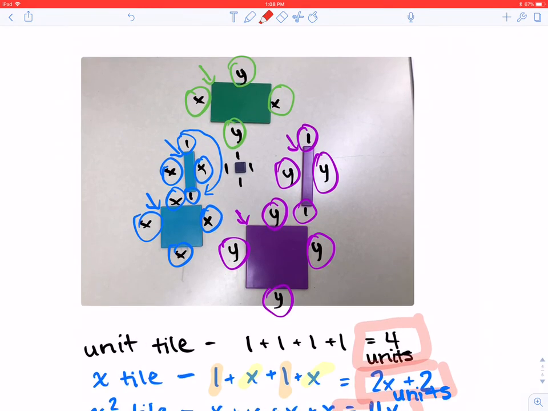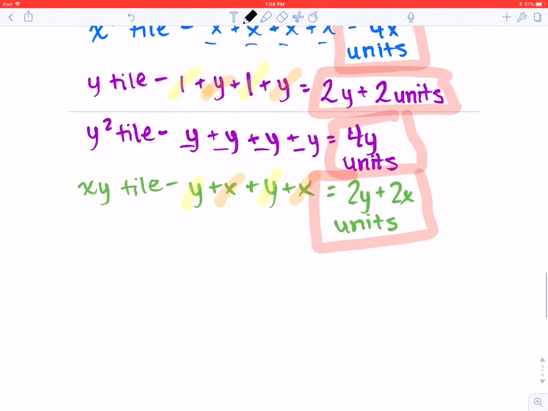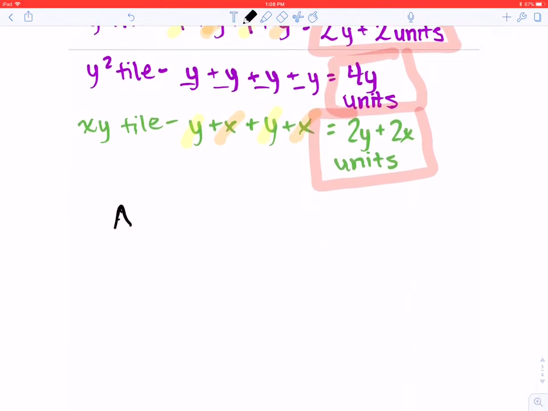Now, if I wanted to find the area of these tiles, area is actually our friend. Area is super simple when we are solving for tiles because area is the name of the tile.